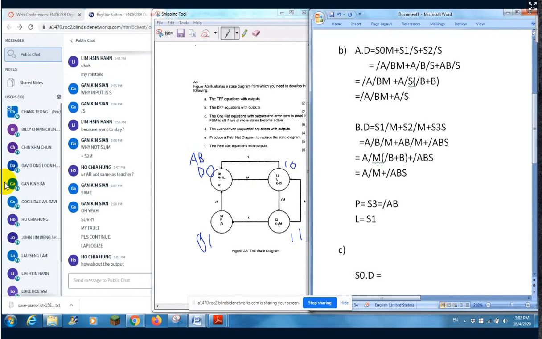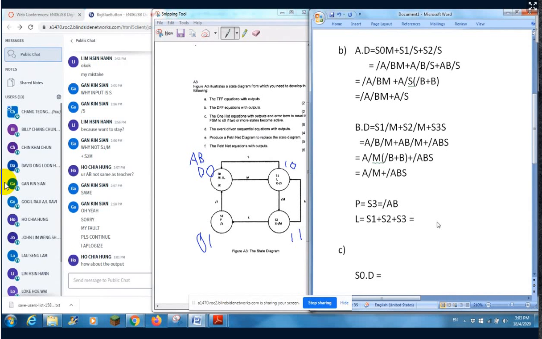When you come to here, it didn't mention L. Actually, L here is set to 1. So L is set to 1 here, set to 1 here, and set to 1 here. So this is S1 plus S2 plus S3.